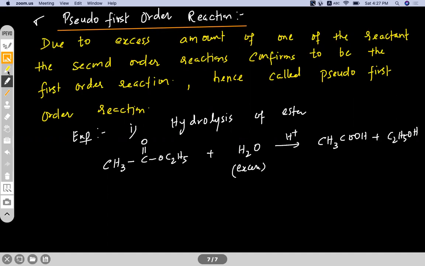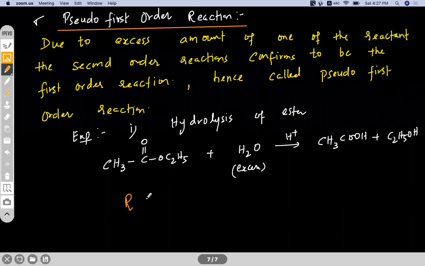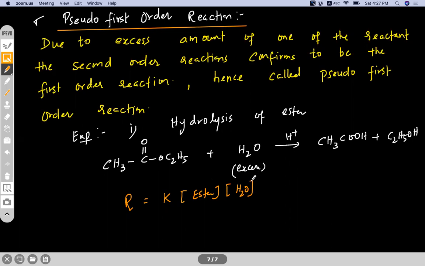So for this reaction, if you write down the rate expression, it would be R equals K times concentration of ester into concentration of water. But since water is present in excess, we observe, it's a practical thing, that its concentration won't affect the rate of the reaction much, and hence we neglect it.